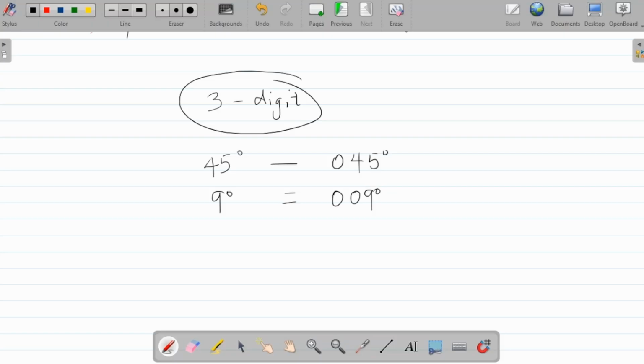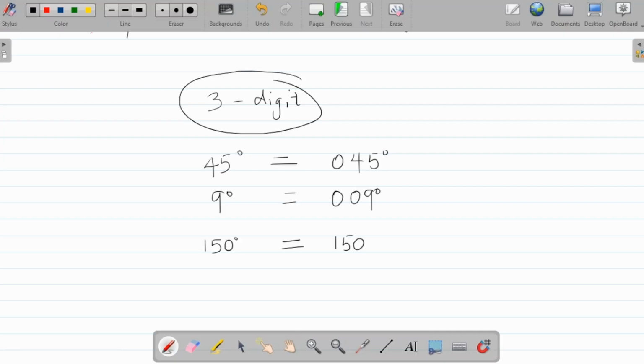And as in 150 degrees, the bearing is 150. We don't add a zero because it is already 3 digits: 1, 5 and 0.